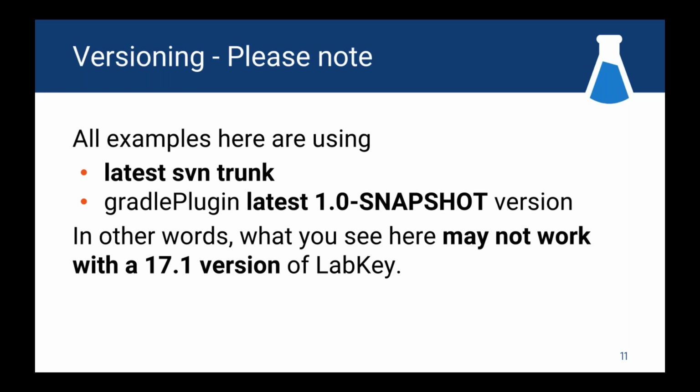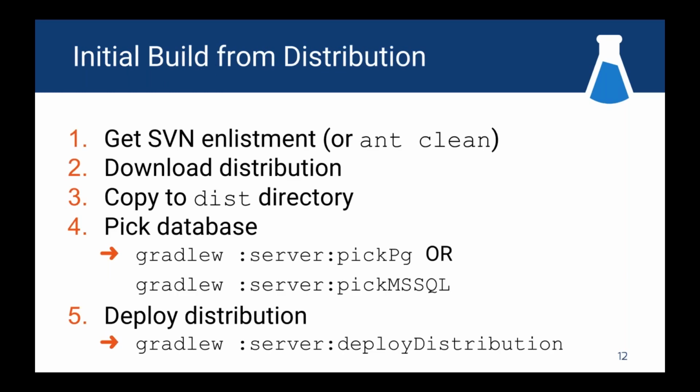And what you're seeing here, I am using the latest SVN trunk, and I'm using the latest 1.0 snapshot version of the Gradle plugin. And we have been fixing bugs and improving performance and doing lots of things within this release cycle. So some of what you see here may not work with a 17.1 version of LabKey. So if that's where you're working, just know that your mileage may vary.